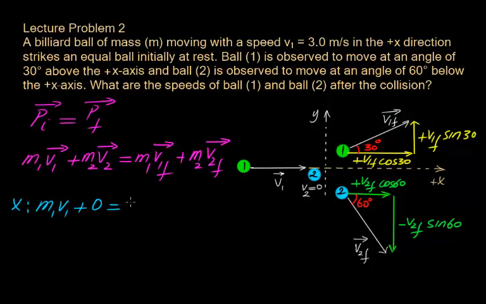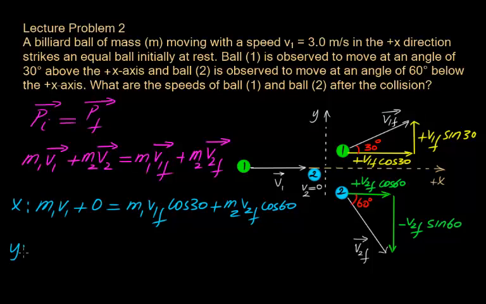That is going to equal m1 v1 final cosine 30 plus m2 v2 final cosine 60. Those two components are clearly shown in the diagram.